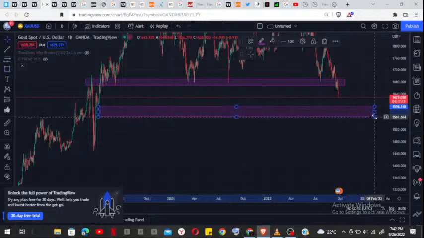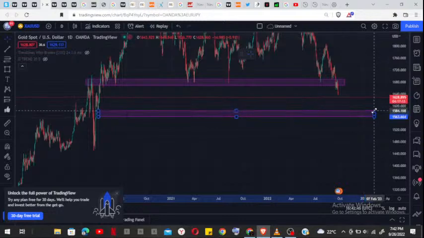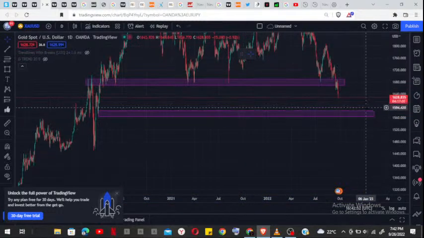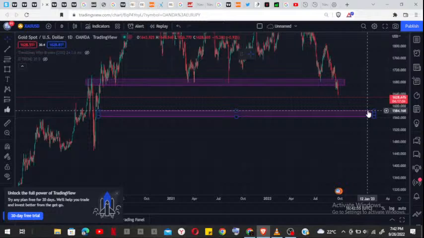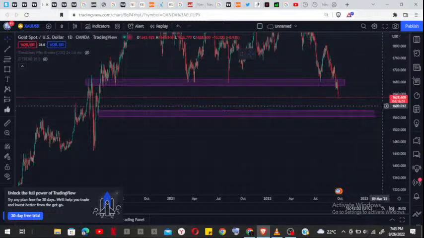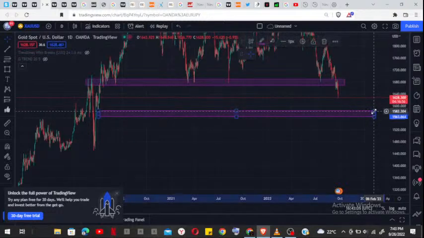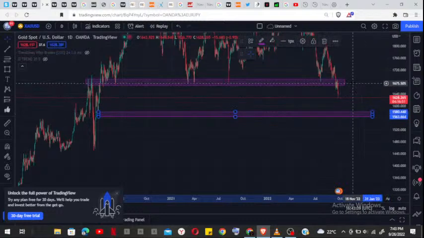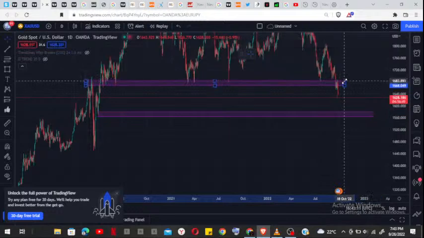Yeah, so I don't want to put these lines thicker. I'm just gonna, yeah, this one is better. I'm doing this because when I turn this into a 5 minutes time frame, these lines will be a little bit thicker, so I'm trying to make them a little bit thinner so that they don't look fatter in a 5 minutes time frame.